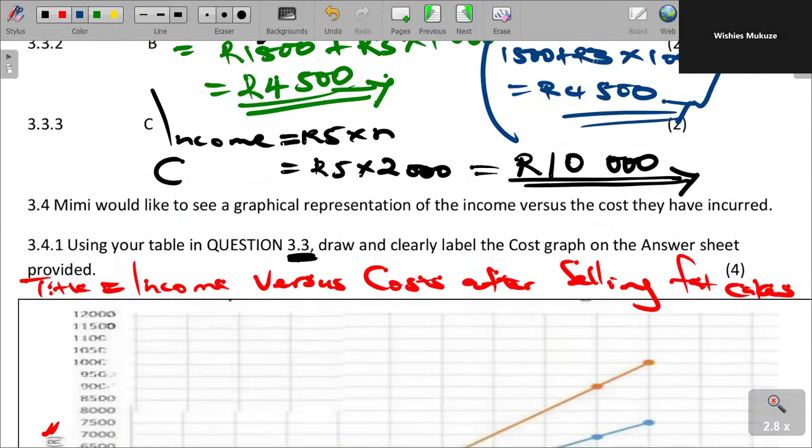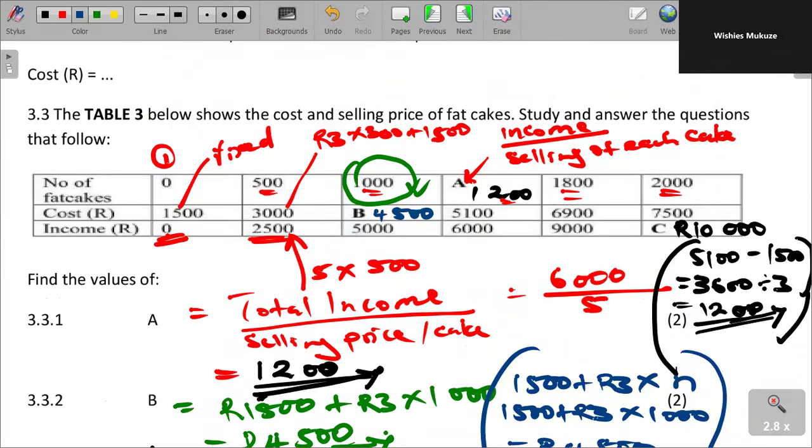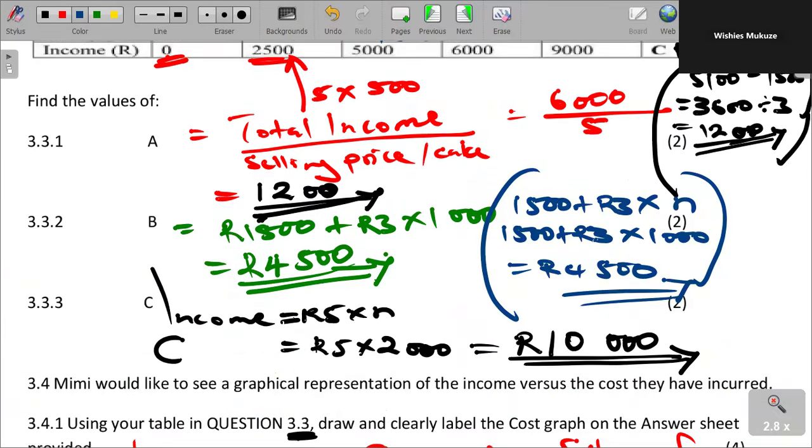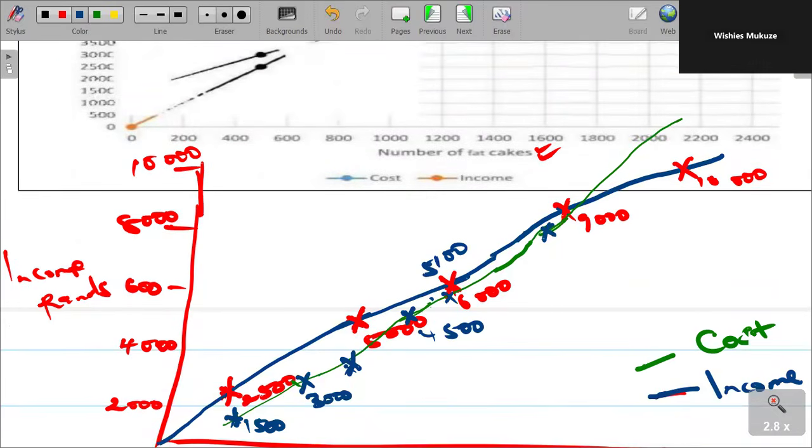And then the last figure is 6.9 and 7.5, which comes there.